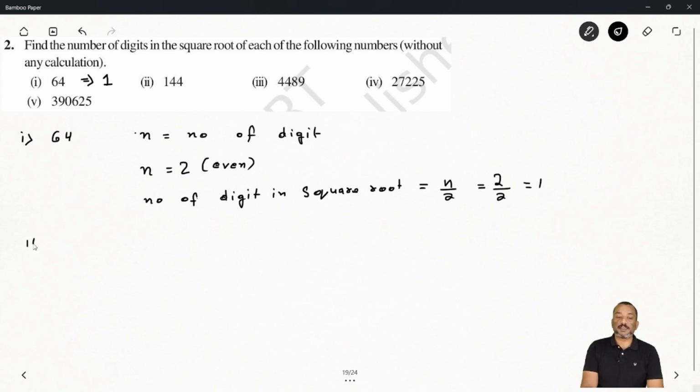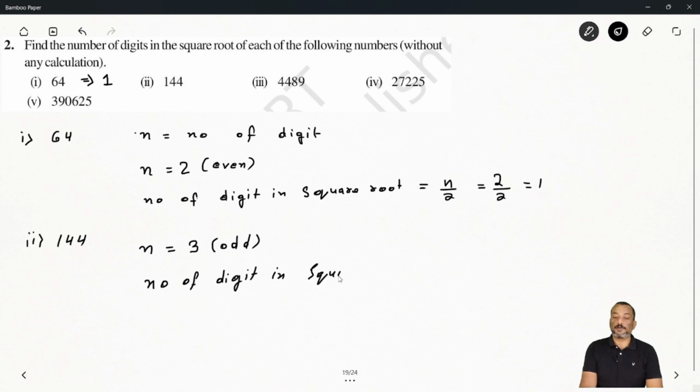In the same way, look at 144. Here n is equal to 3, so it is odd. If the number of digits is odd, then the number of digits in the square root is equal to (n plus 1) by 2.